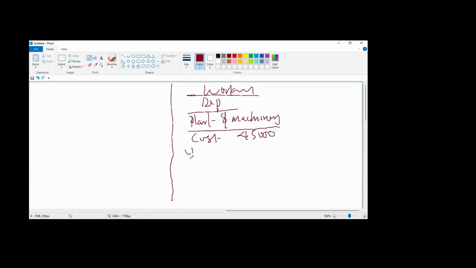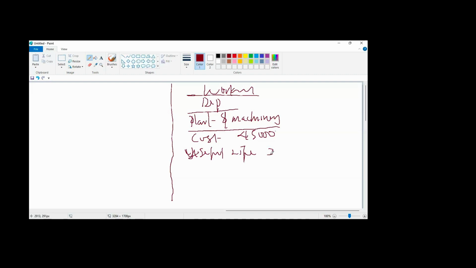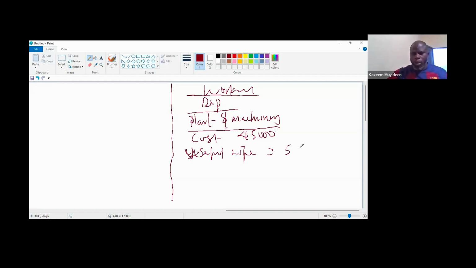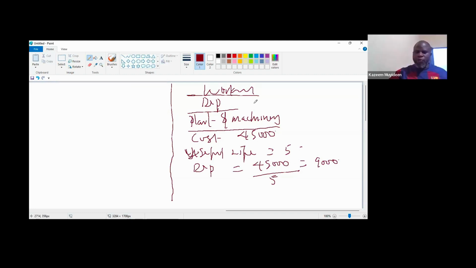They've given me the useful life of 5 years. So depreciation to charge yearly is 45,000 divided by 5, which gives us 9,000. Don't forget, the plant and machinery was acquired in 2011.